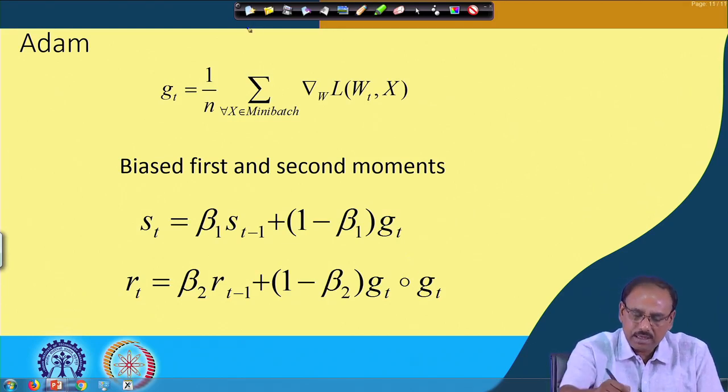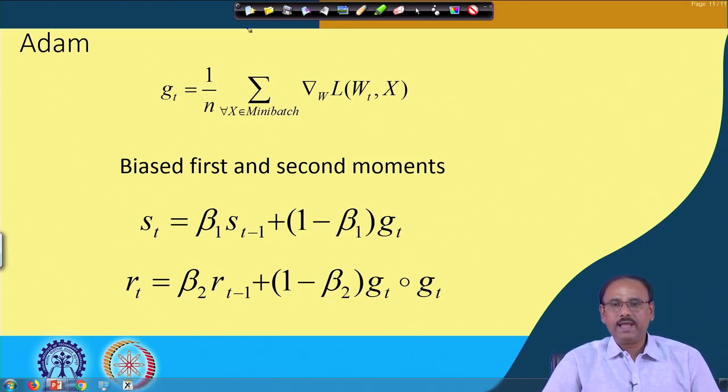And as we said before, this exponentially decaying average that we have computed is biased towards 0, because at t equal to 0, both St and Rt, that is S0 and R0, are initialized to 0.